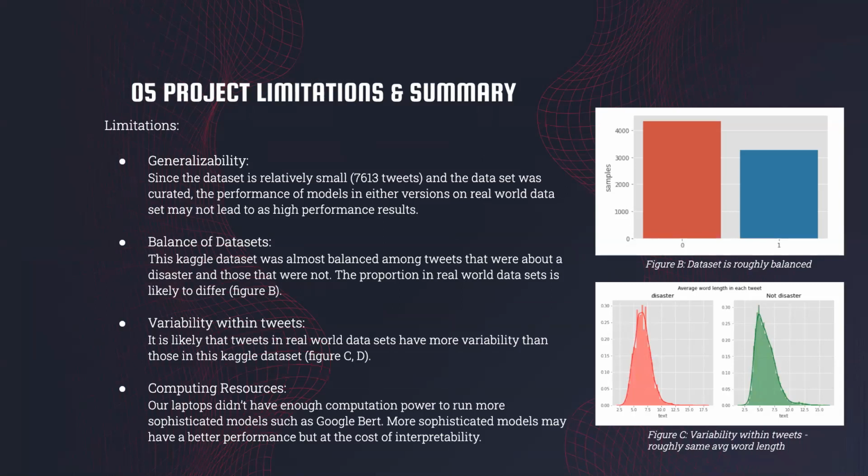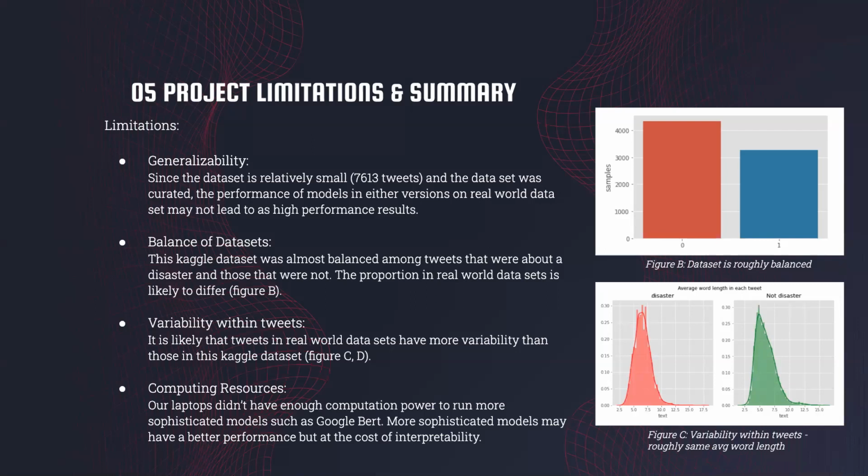Second thing to note is in this data set, tweets that were about disasters and tweets that were not about disasters were roughly balanced, as you see in figure B. Of course, in real world data sets, the proportion is going to be very different.